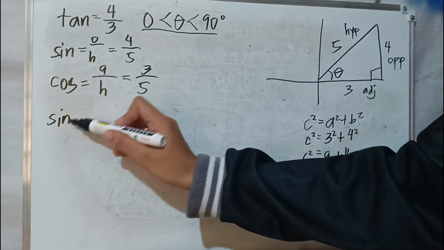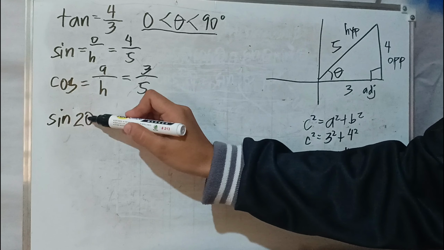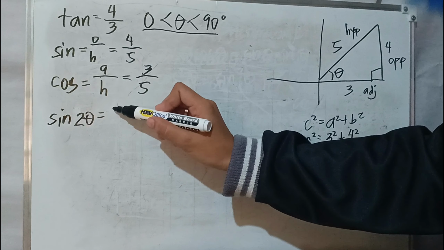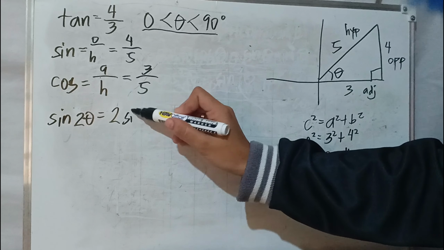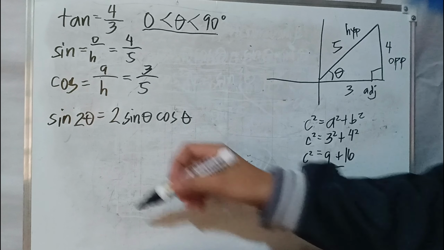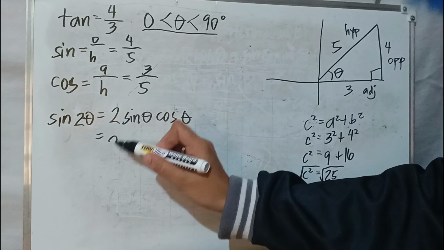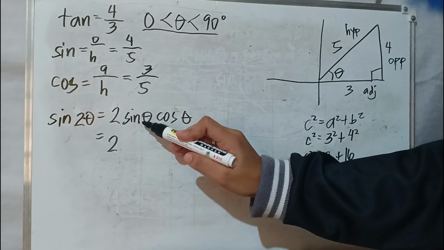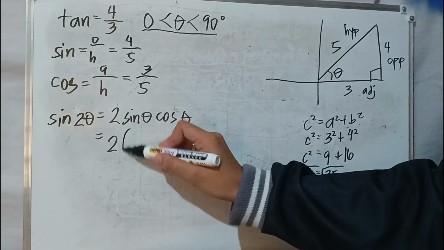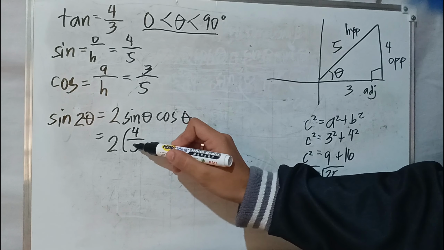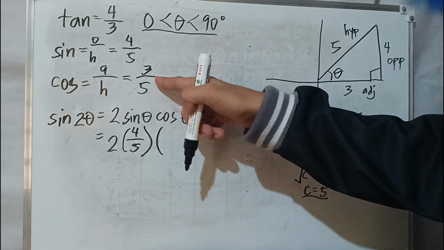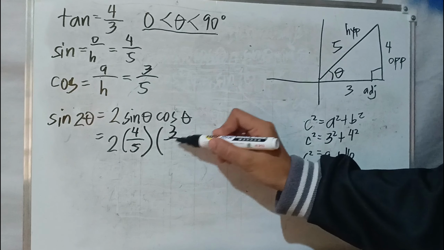And now, we're going to find the value of sine 2 theta. We will use the formula 2 sine theta times cosine theta. Now, we have the value for sine, which is 4 over 5, and the value of cosine, which is 3 over 5.